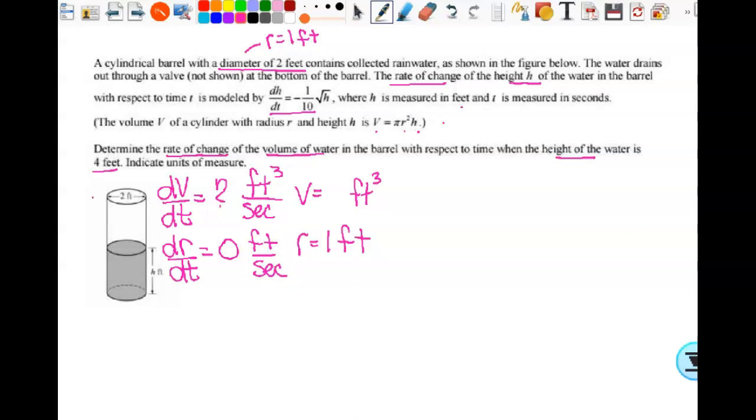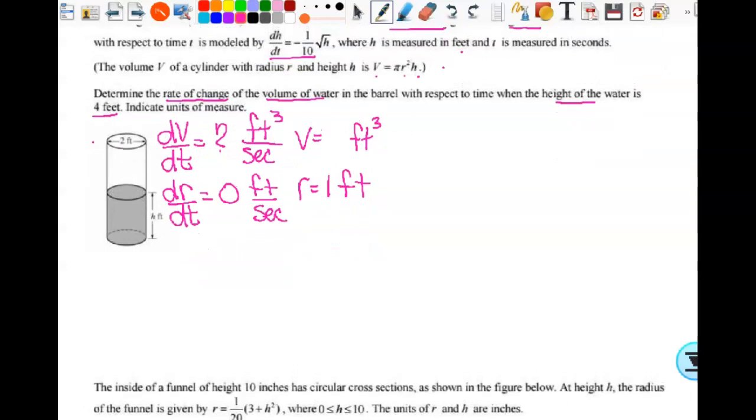And then the other thing I have, so I keep reading, is dh/dt, and this time it's an equation. It's not just a number like other things that we have, but that's okay. dh/dt is equal to negative 1/10 times the square root of h, and that would be feet per second, right?